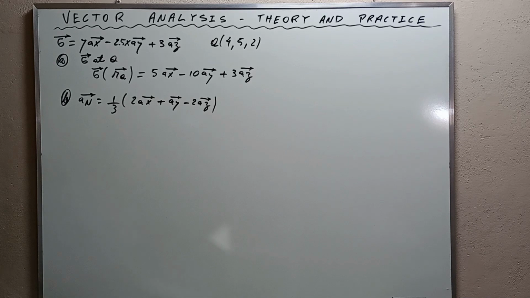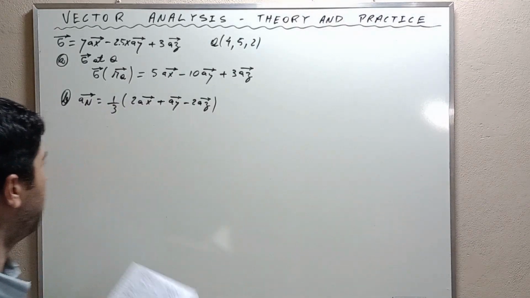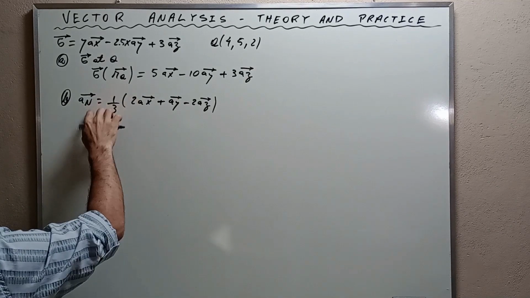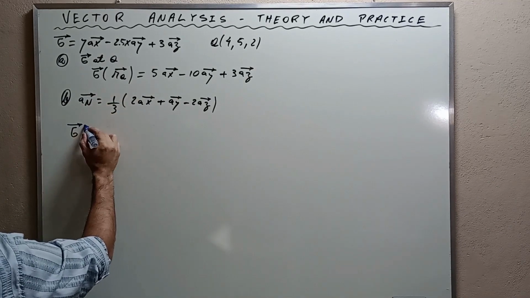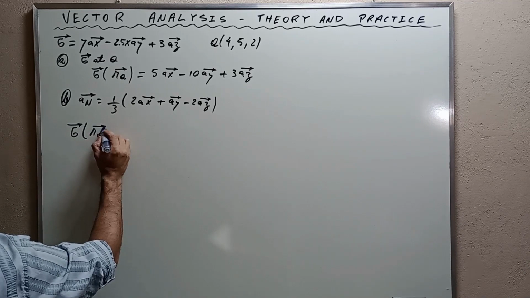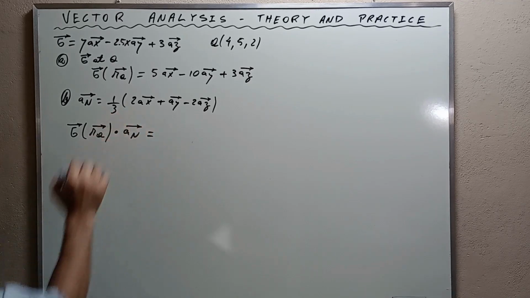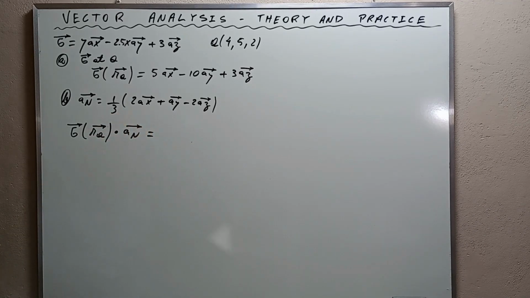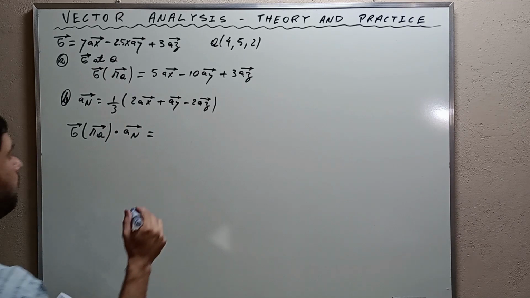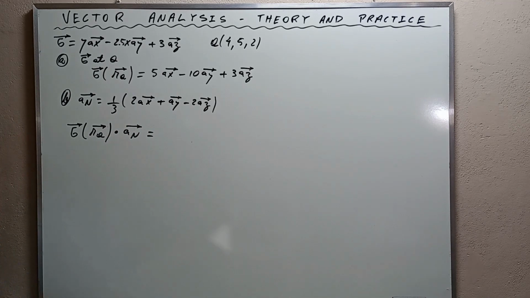And to find the scalar component of G at Q in the direction of this unit vector, we use the dot product. Okay? In a similar way as I did here, it is going to be the dot product between this G at Q and this unit vector. We are going to multiply them, but not a simple multiplication.